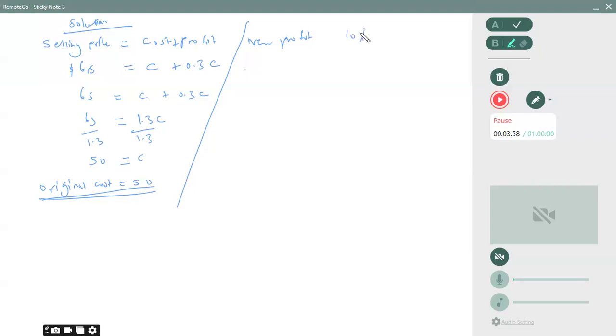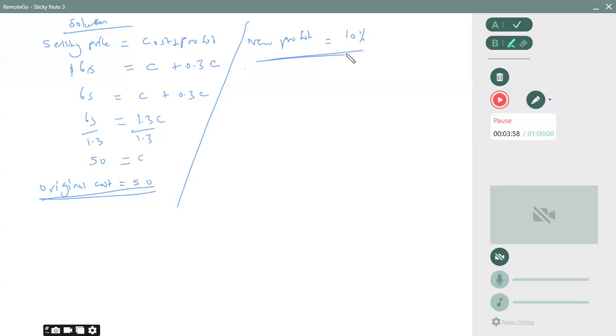Remember, it is 10% when we are decreasing the profit to 10%. Now, for us to find the new selling price with the profit, we have to first calculate the new profit and add it to the original cost.